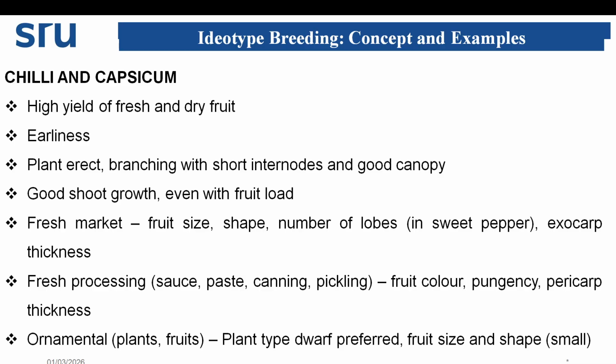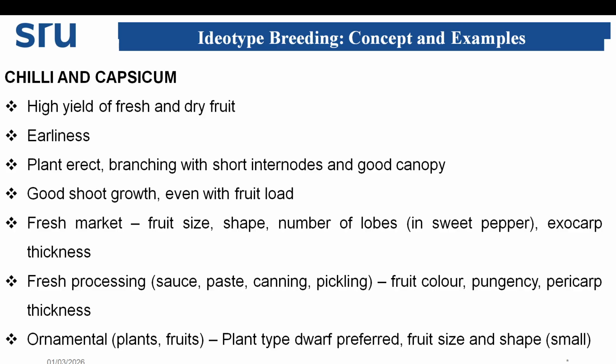Then we will see characteristics for chili and capsicum. So in case of chili and capsicum, high yield of fresh and dry fruit, right? Earliness, you will find this in each and every crop. Plant type erect, branching with short internode with good canopy, good shoot growth even with fruit load.